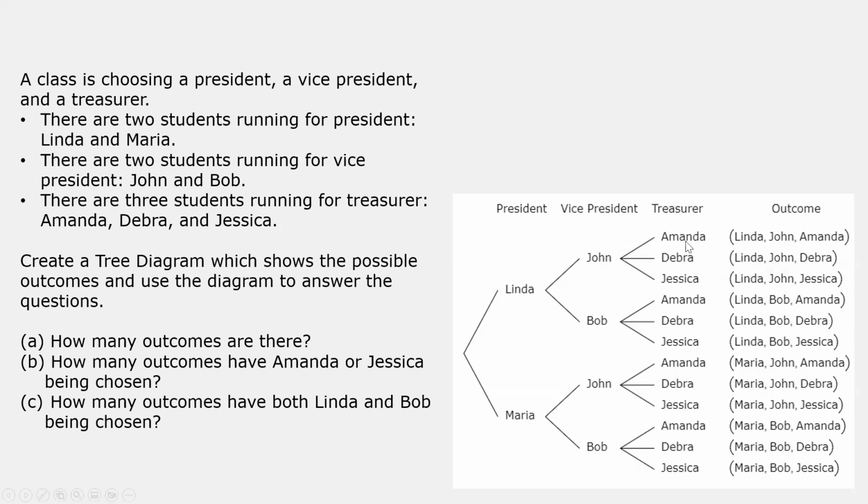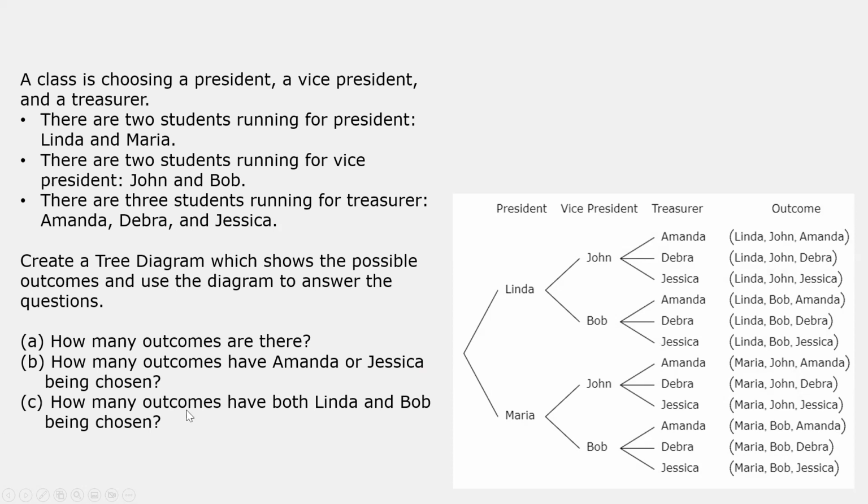The other option is because there's only 3 people, you could say, well, how many times does Deborah show up? Deborah shows up 4 times, so 12 minus 4 would be 8. But in this case, we can just count them, and there's 8. Because we're counting ors, so Amanda or Jessica, either one is okay.